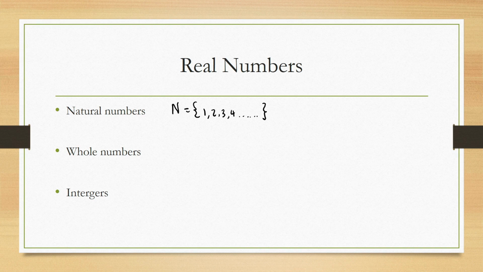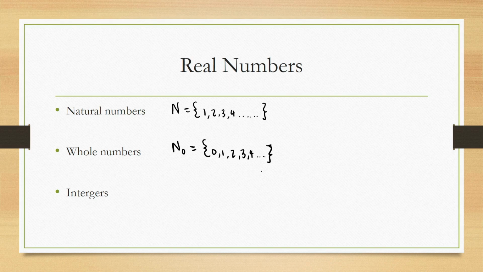The symbol for your whole numbers is a capital letter N with a small 0 at the bottom. So your whole numbers are 0, 1, 2, 3, 4, and so forth.